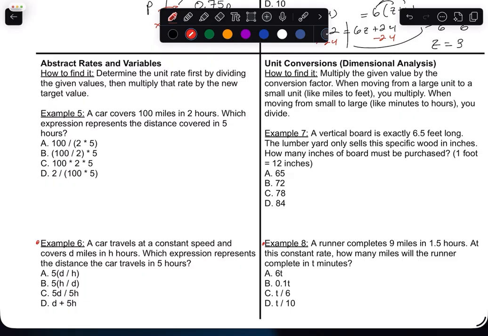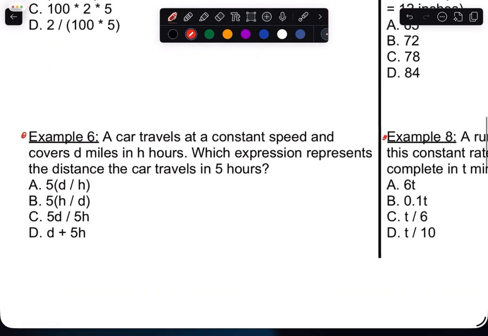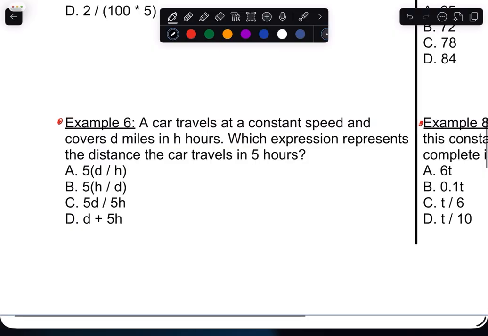So number 6, you have a car that's traveling at a constant speed, and it covers a D amount of miles in H hours. Which expression represents the distance the car travels in 5 hours? Oof, that's a fun one.